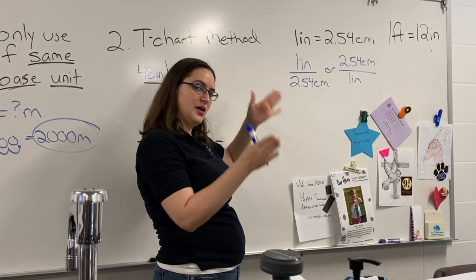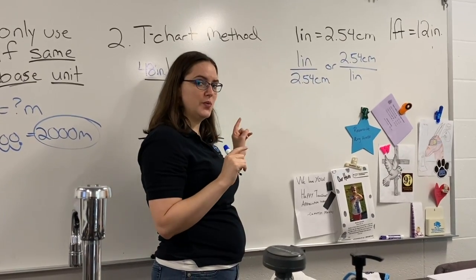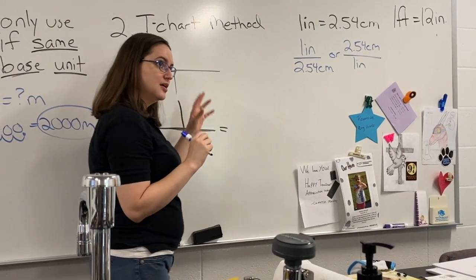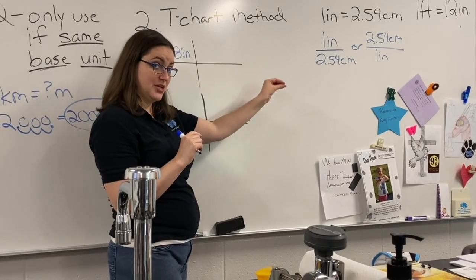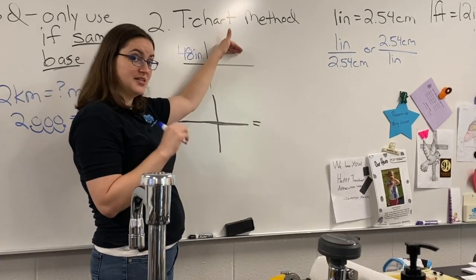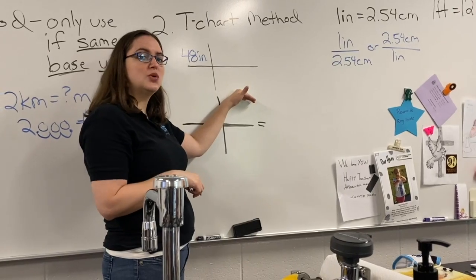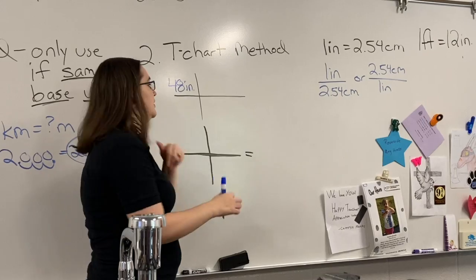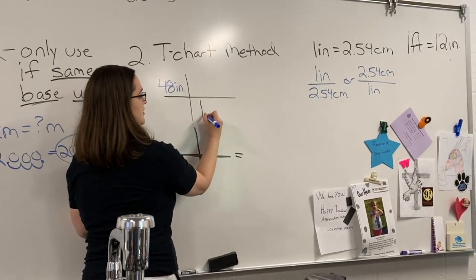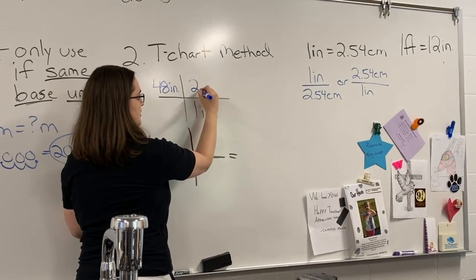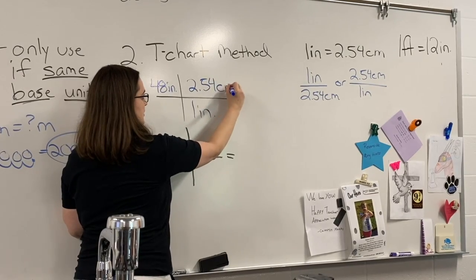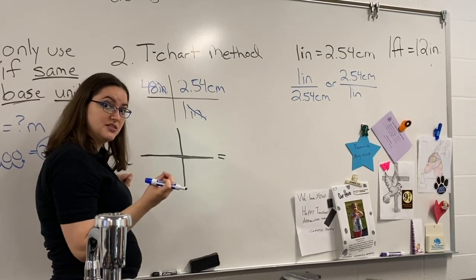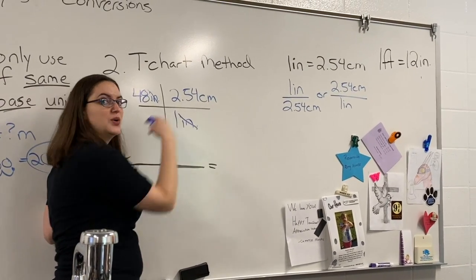We have inches, we want centimeters. So centimeters needs to go on top because that's what we want, and inches needs to go on bottom because that's what we want to be able to cross out. We can cross out inches because those cancel out, and we're left with centimeters, which is what we wanted.